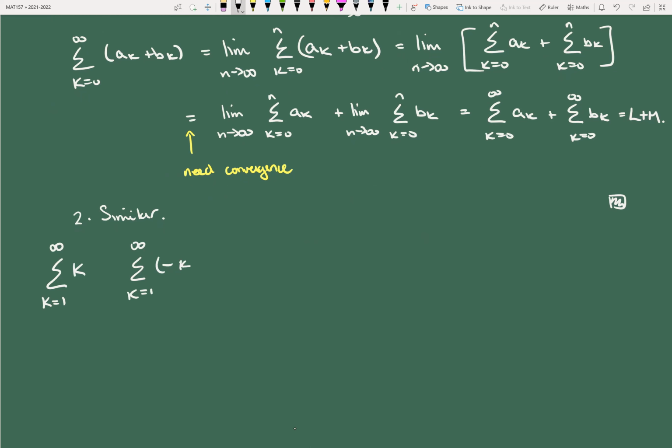Or maybe I add two divergent series and get something which converges to something non-zero. The point is that if one of the series diverges, you don't know. You have no clue what's going on. Some could converge, some could diverge. You can't say anything without knowing more about the sequences themselves. So you just don't have the power to say anything like that. Divergent plus convergent is divergent. This is an interesting question.